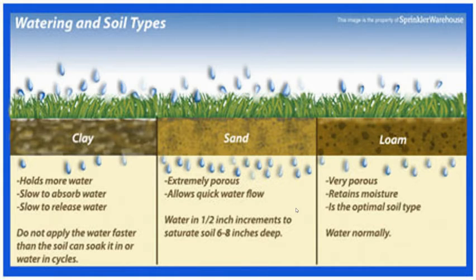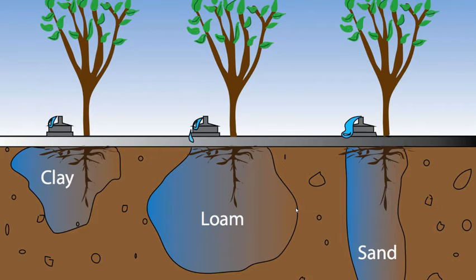If you're looking for a quick summary here for clay, sand, and loam, loam is a mixture of clay and sand. Clay has certain properties, sand has its own properties, and then loam combines a lot of these properties, which makes it good for growing things. Consider this next diagram. If there's water in the soil, in clay, the water will tend to be very shallow and not very much water.